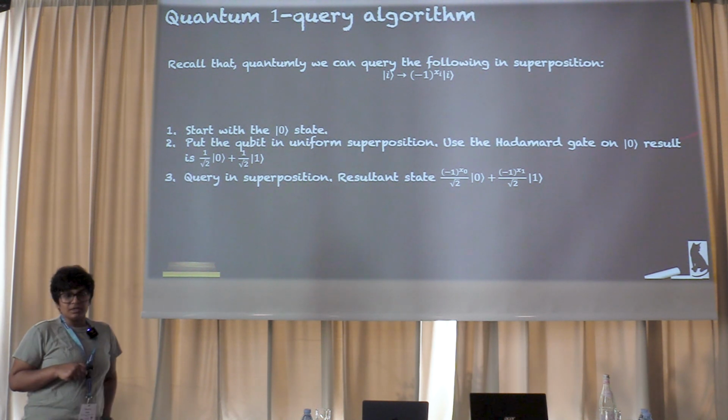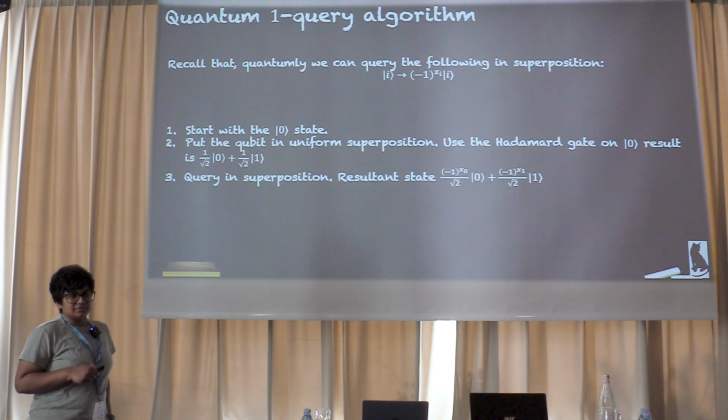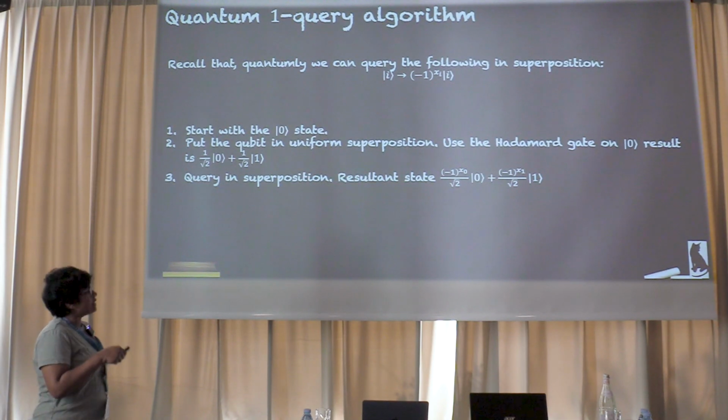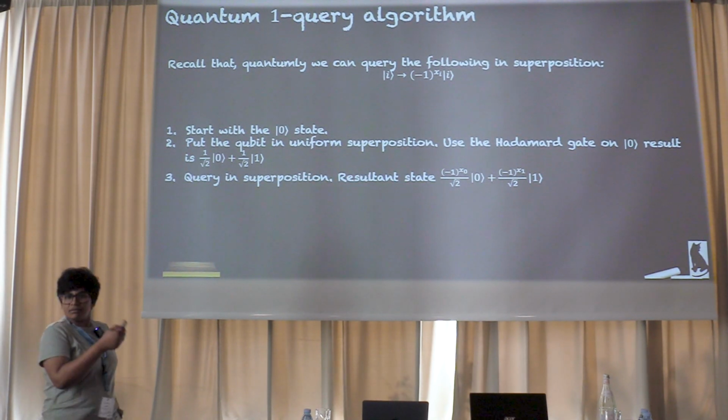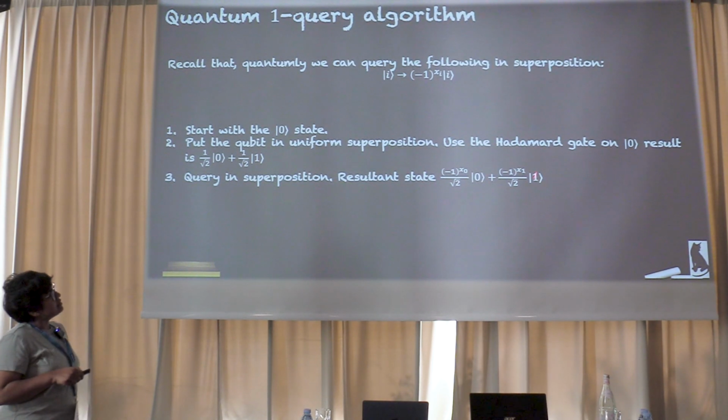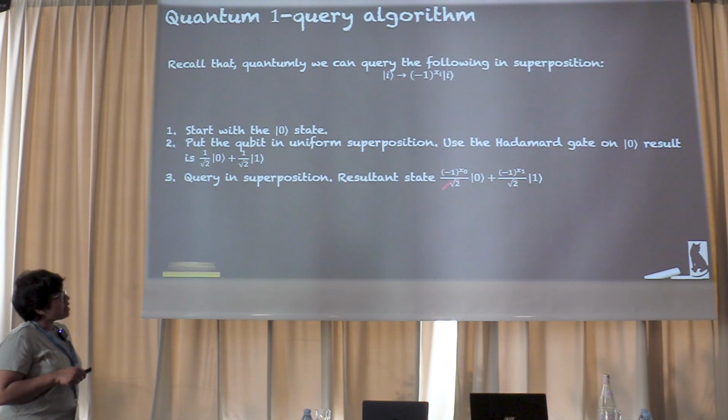Now what do you think I can do? What are the possibilities here? Either I'm in the constant case or the balanced case. If I was in the constant case, then x_0 and x_1 should be the same. If both are the same, then I will have 1 by square root 2 and 1 by square root 2, with a global possibly minus sign, depending on what x_0 and x_1 are. If they are different, the first one will be a -1 or +1, and the second one will be the opposite, so I will have the 0 minus 1 state.